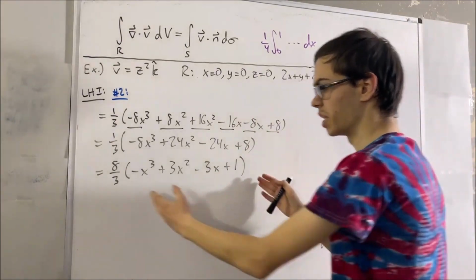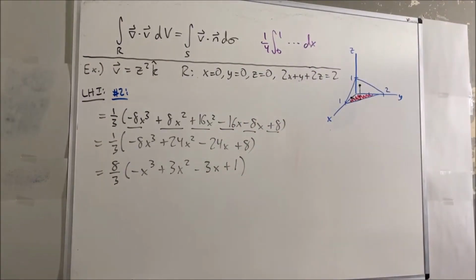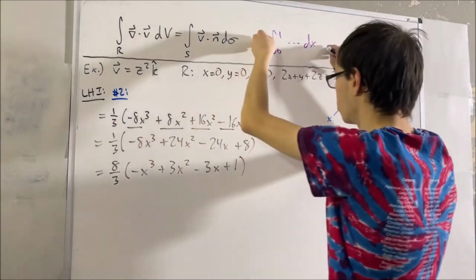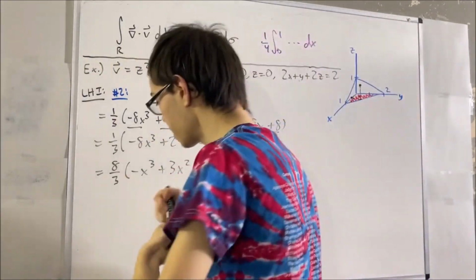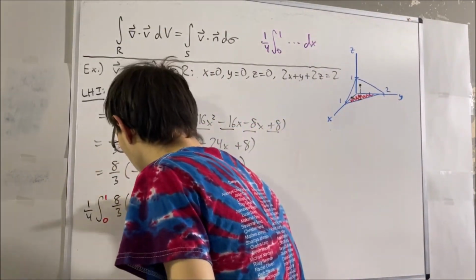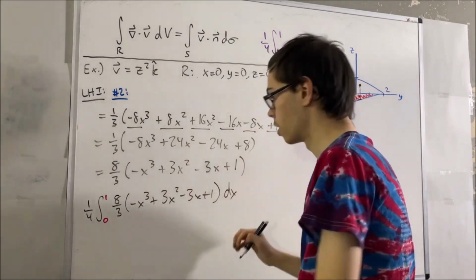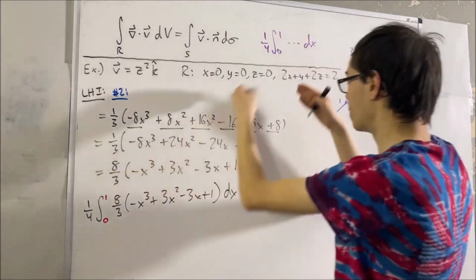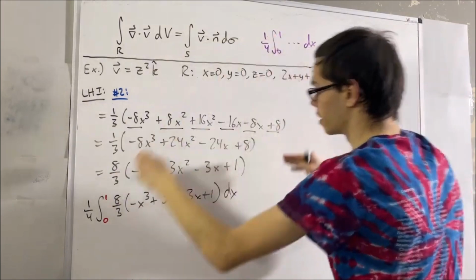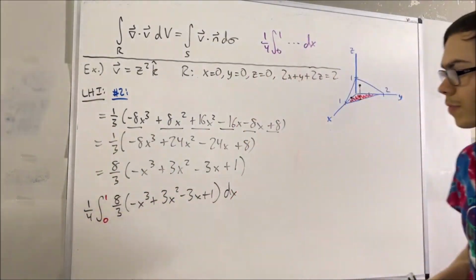And so this is what you would get. So now I'm going to go back to my original integral, which is this one. So now I've taken this and I've put it back into here. So this is back to our original integral.